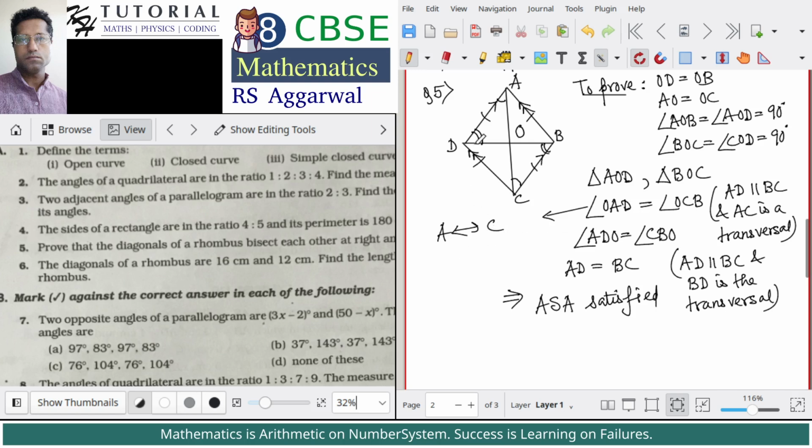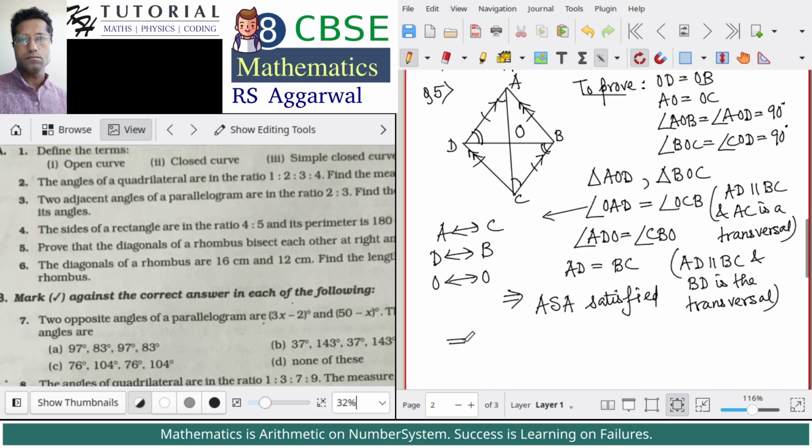Similarly, D corresponds to B, since angle ADO is at the vertex D and angle CBO is at the vertex B. The third correspondence follows automatically: O corresponds to O, as O is the common vertex.